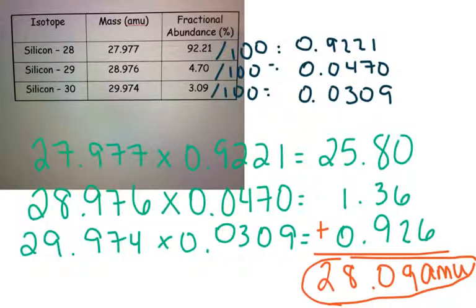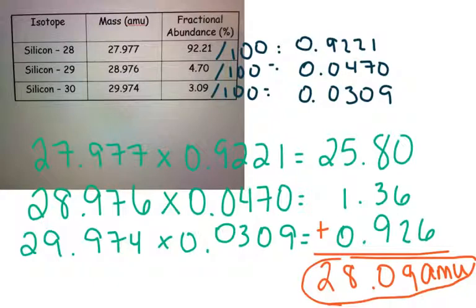So that's the basics of doing average atomic mass. Notice we didn't just add up the masses and divide by 3. We have to account for the percent abundance. Now, a couple helpful hints. Your average atomic mass will be within the range of your masses in the problem.